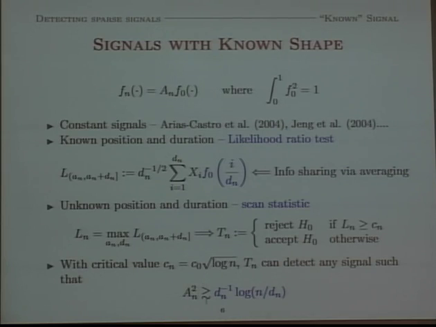So basically, this implies I have the squared amplitude greater than or equal to, up to a constant, of the order log n over dn. So n is the length of the original sequence, and dn is the length of the real signal.